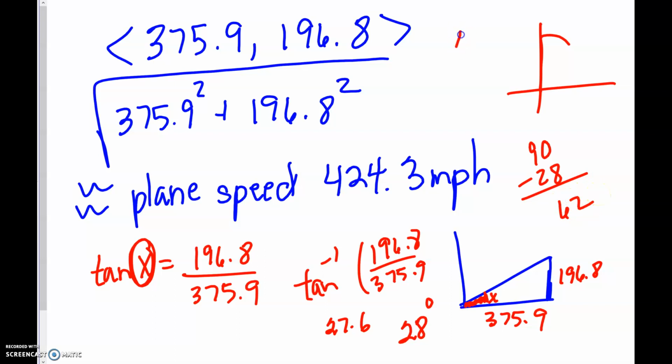So we could write it as north 62 degrees east. So that means going north and then coming back 62 degrees east. So that this angle in here would be 62, leaving the remaining part of 28. So the two main questions here would be the speed of the plane is 424.3 miles per hour, and it is flying at a direction of 28 degrees.